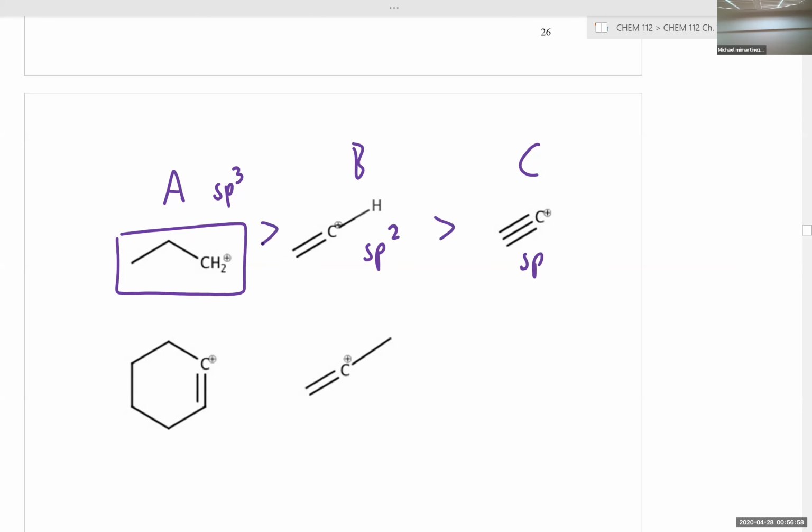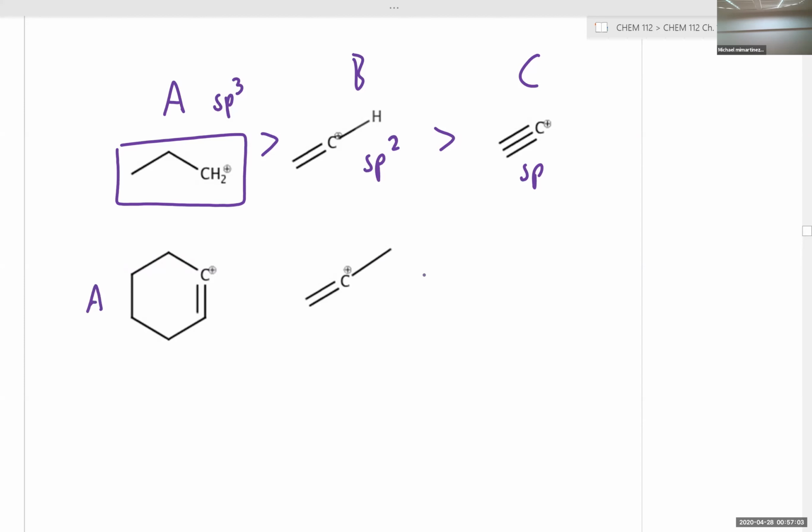Okay, now this last one is pretty interesting. If we compare A and B, let's take a moment and think over this problem. I'd like you to tell me which of these carbocations is more stable.